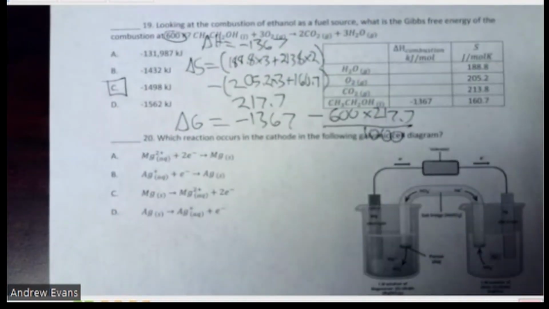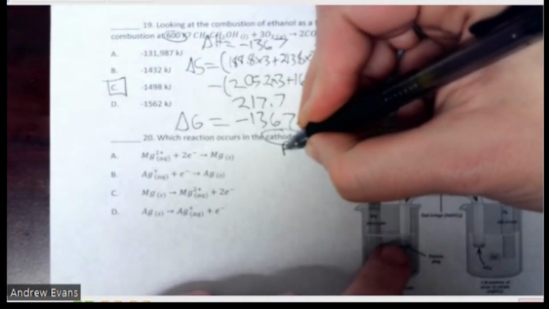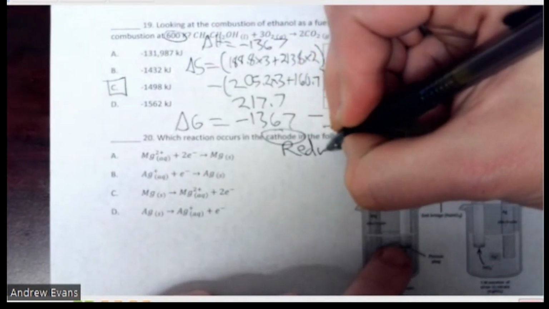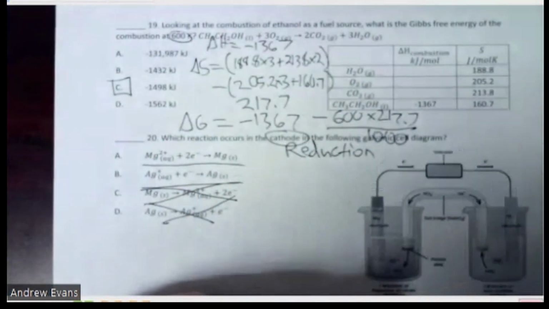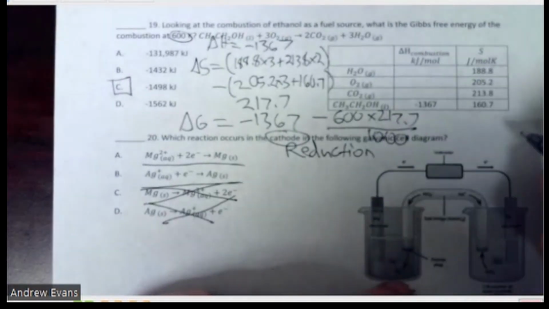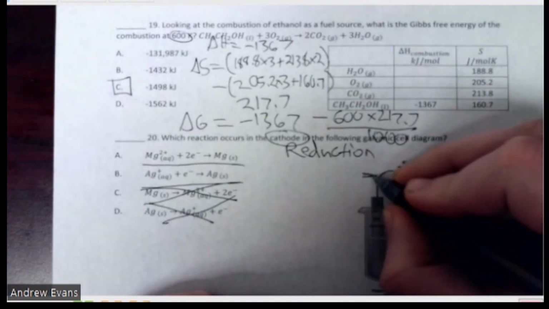Last one. What reaction occurs at the cathode? Well, which one is a reduction? Cathode is the reduction. So which of these are reductions? A is a reduction. B is a reduction. These guys are oxidations. So not those options. The cathode is the positive charge. So where are the electrons flowing to? They have to be flowing to the right.